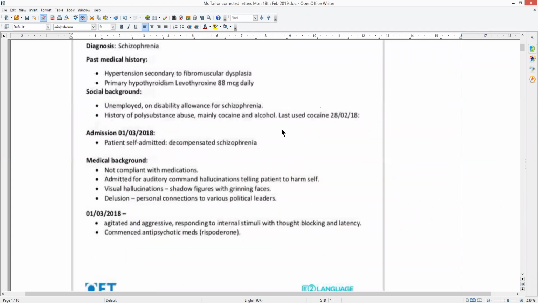substances, and she last used cocaine 3 days before admission. Well, no, it was 1 day. So she was taking a coke the day before she self-admitted. So you could have mentioned that. You know, last used coke the 28th of February, and she admitted herself on March the 1st, the next day.